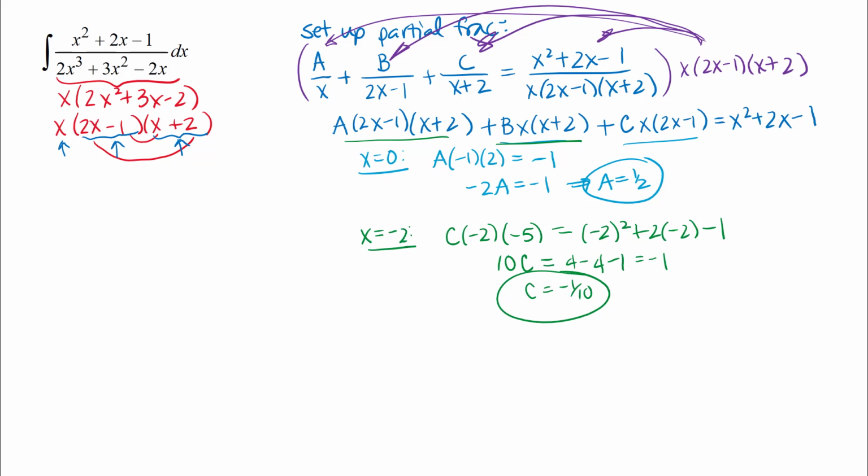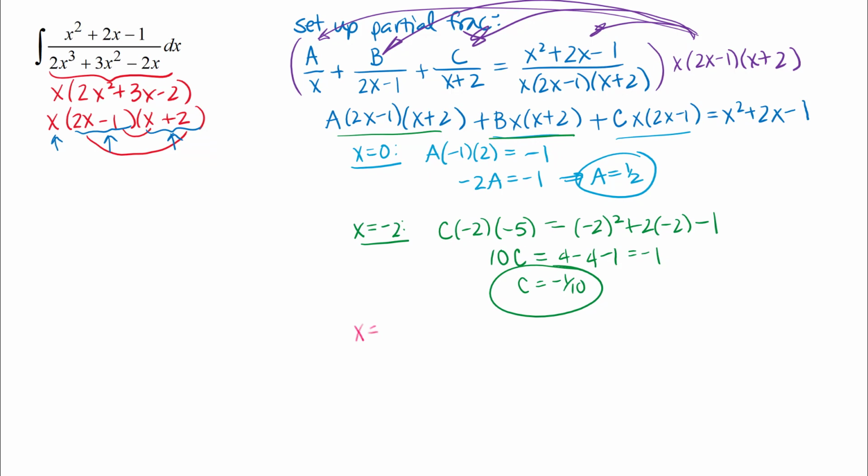Okay, so let's figure out how to make the other factor go away. The other factor that I have here is 2x minus 1. So if I plug in x equals 1/2, that will make the 2x minus 1 factor go away. So that whole term and that whole term will disappear.